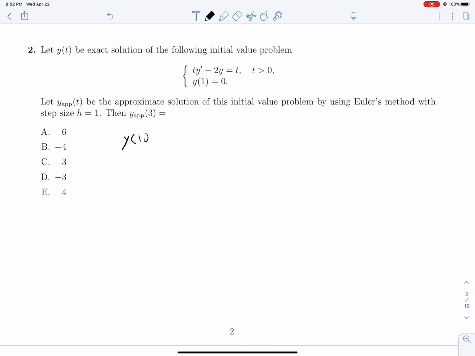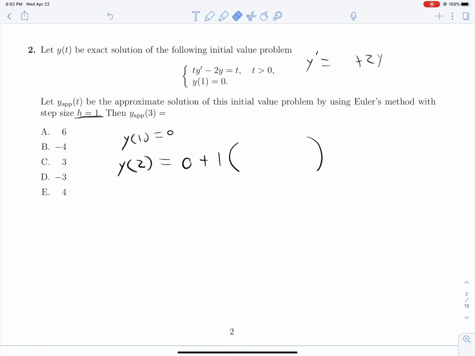We know that y at 1 is equal to 0, so we can approximate one step size above that, so y at 2 is approximately y at 1 plus our step size multiplied by y prime evaluated at this condition here. So we need to kind of rearrange this. We can say that y prime times t is equal to t plus 2y.